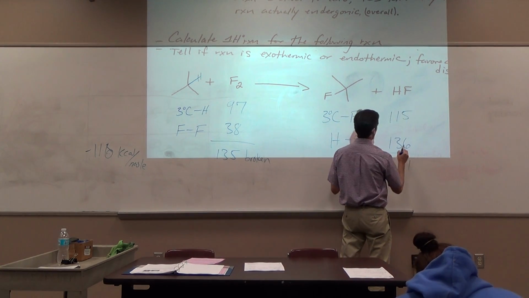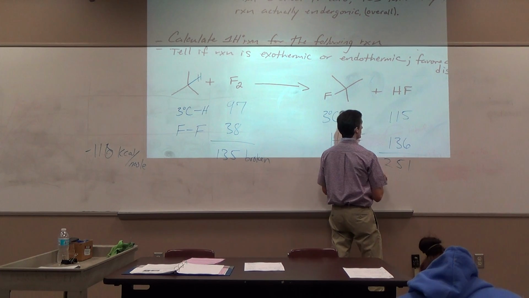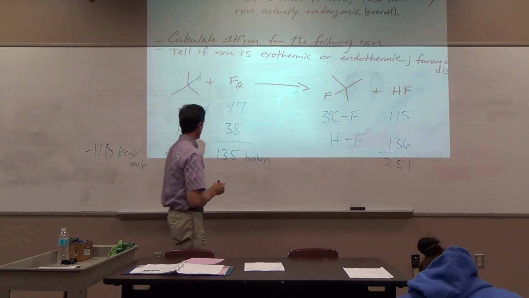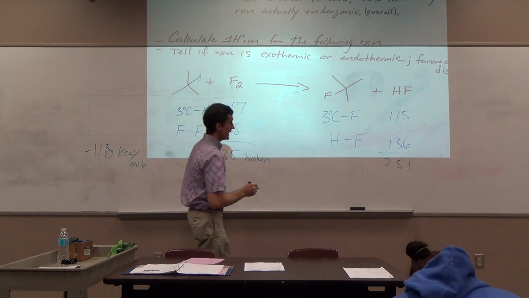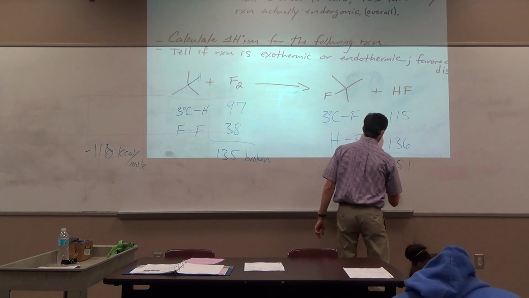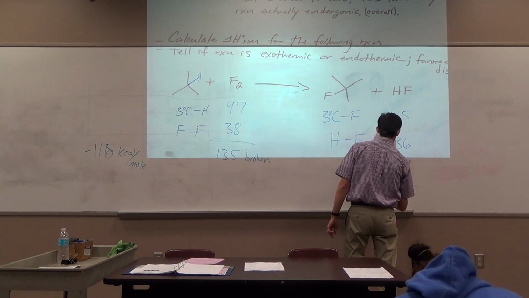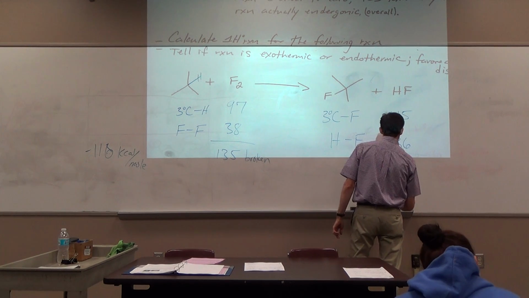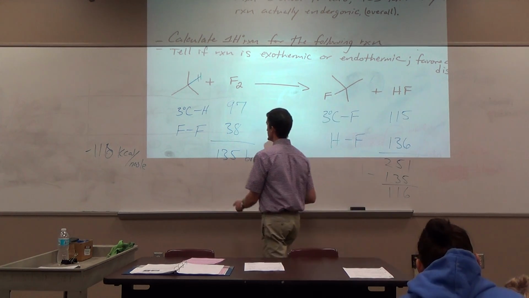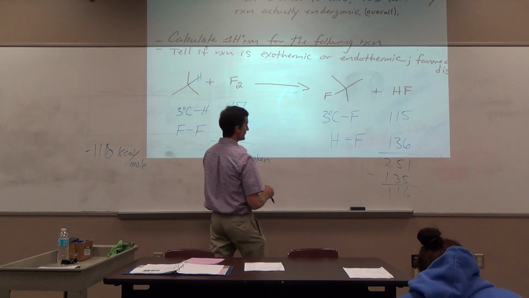What's that? 152? Is that right? What's the difference? Minus 135 equals, what's that, a 6? What's that, a 1? Is that 116? Okay, is it positive or negative? This is 135.